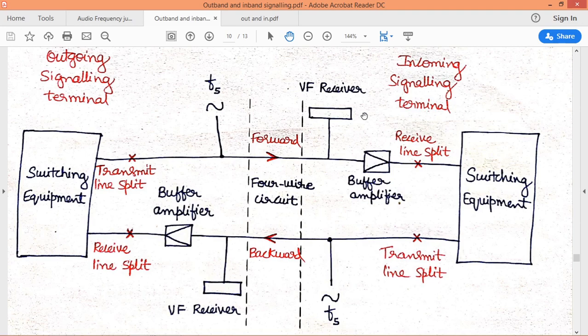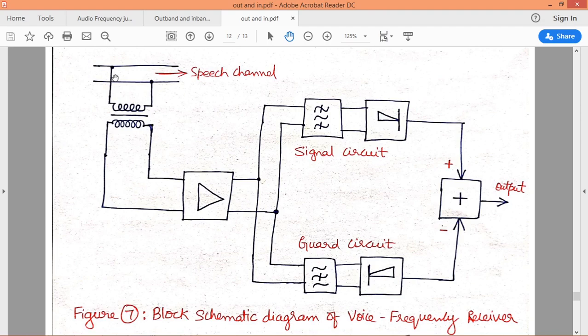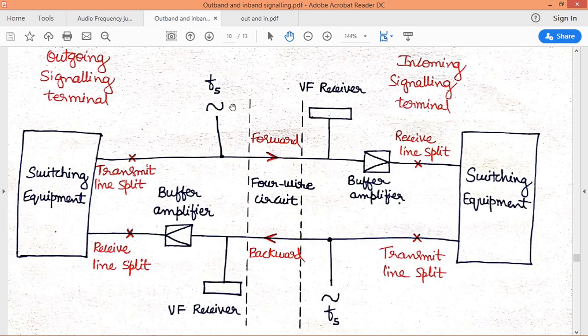So coming to VF receiver operation, in order to minimize signal imitation, we will have the speech channel going to the switching equipment and then to the end user. So speech signal must be forwarded, and this VF receiver has to identify the control signal or tone signal.